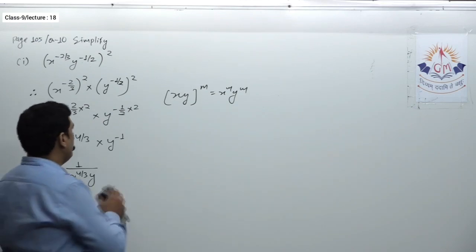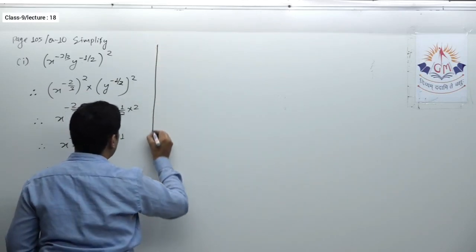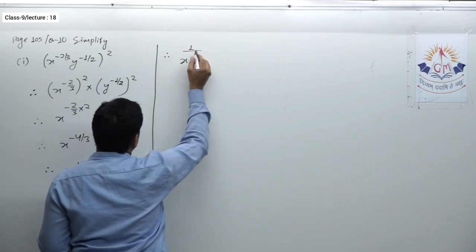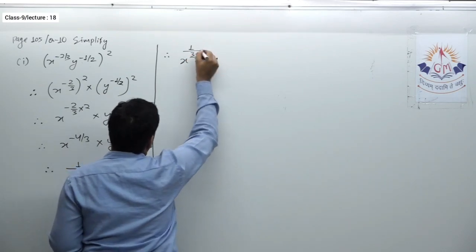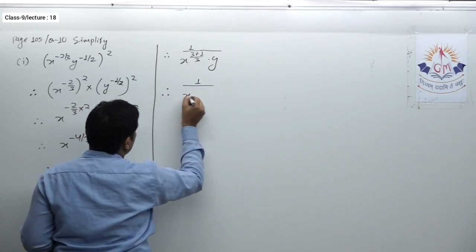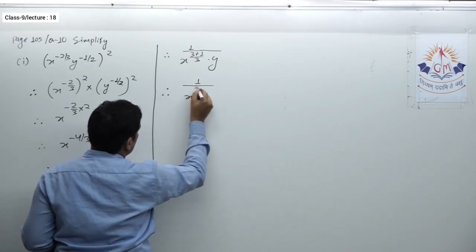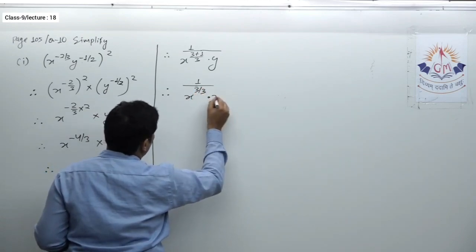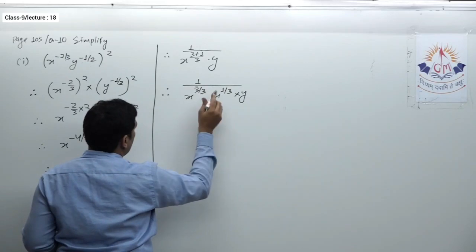Or one or more steps can be added. See, here I have 1 upon x raised to 4 by 3 into y. So here I can write 4 by 3 as 3 plus 1 by 3. So further this will become 1 upon x raised to 3 by 3 into x raised to 1 by 3, into y.